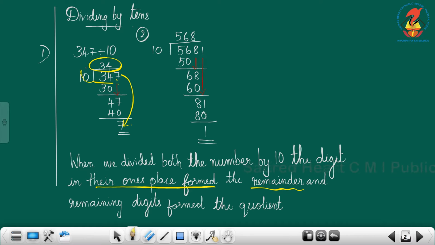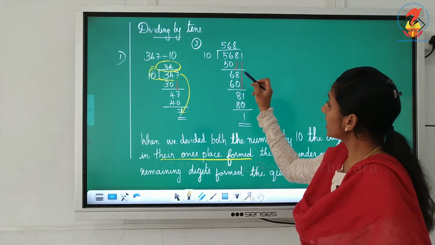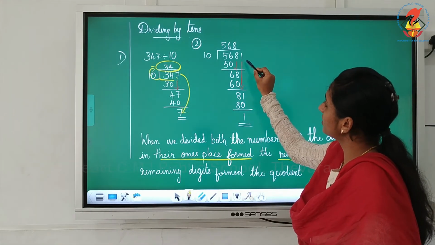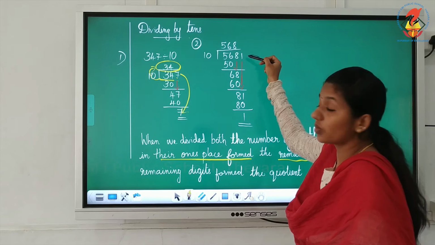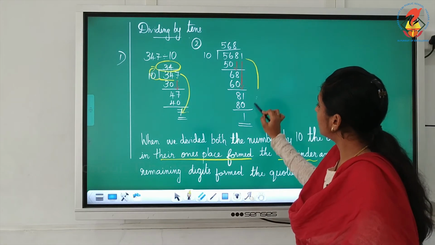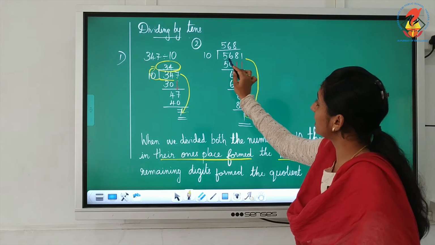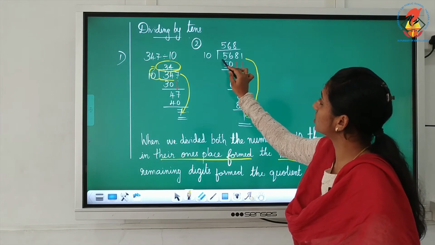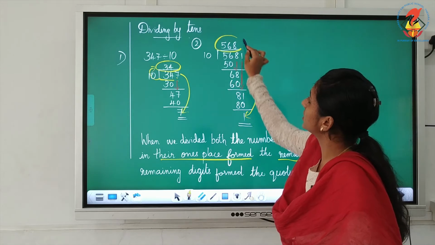The remaining number is going to the quotient. Yes, same as here also, 5681 divided by 10. The ones place number is going to the remainder. Okay, the remaining digits are going to the quotient.